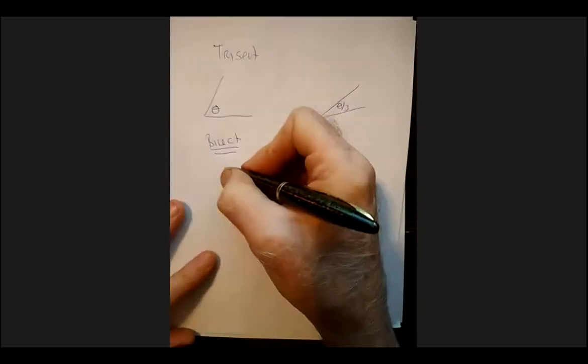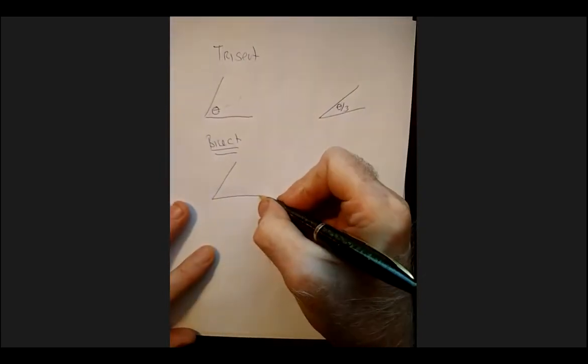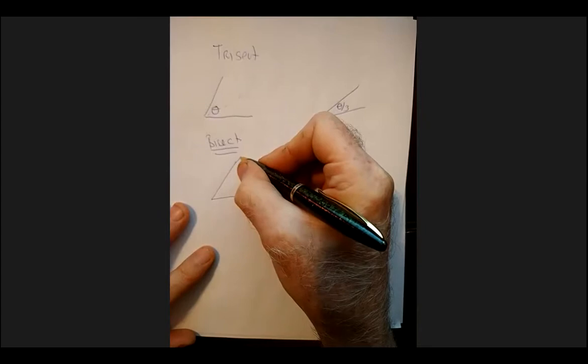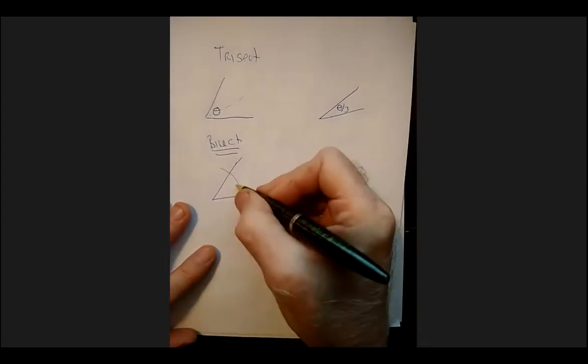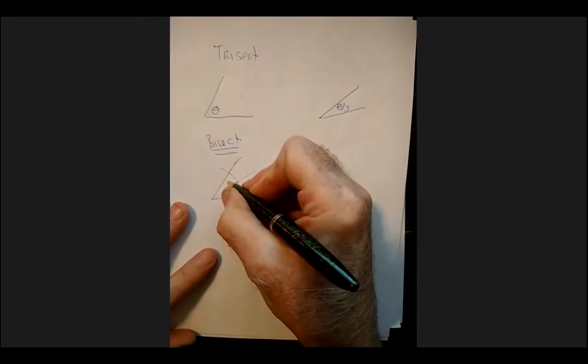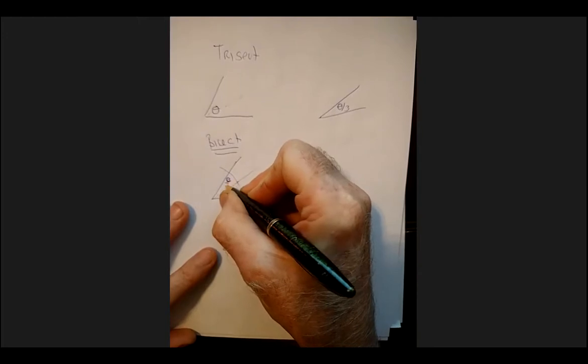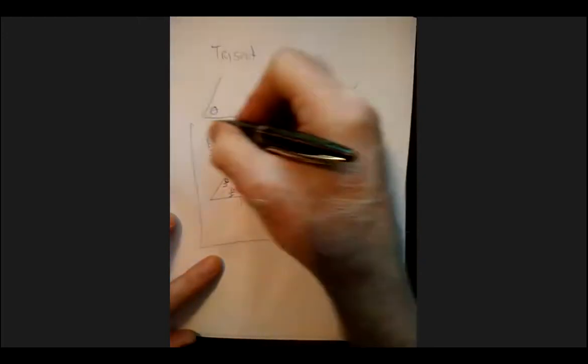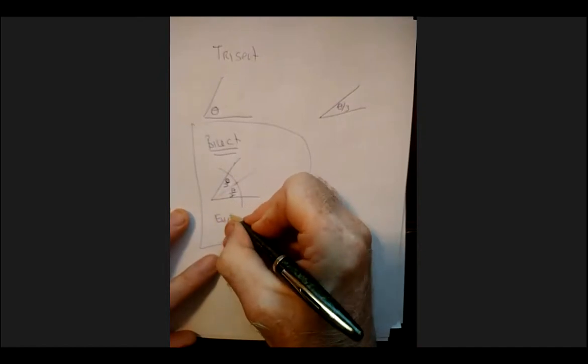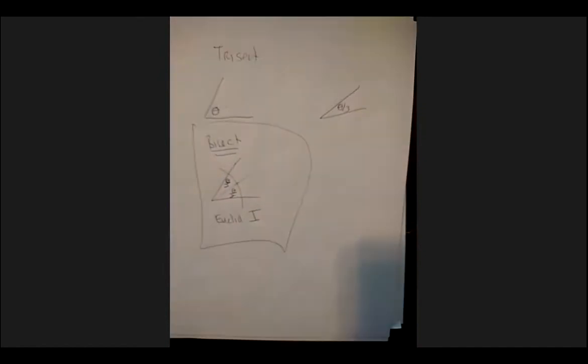I can't remember the technique, so I'm not going to do it. But basically, I think you just draw a circle there, then you bisect, and then these two angles are going to be equal. So that would be theta over 2 over here. And that's somewhere in book 1, I'm pretty sure.